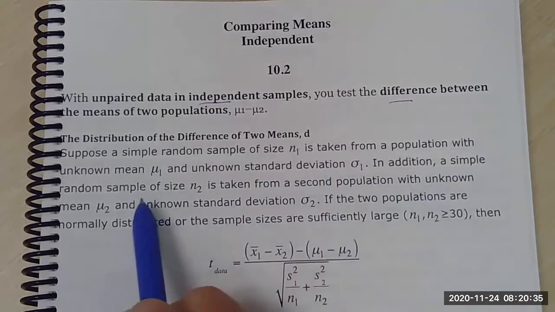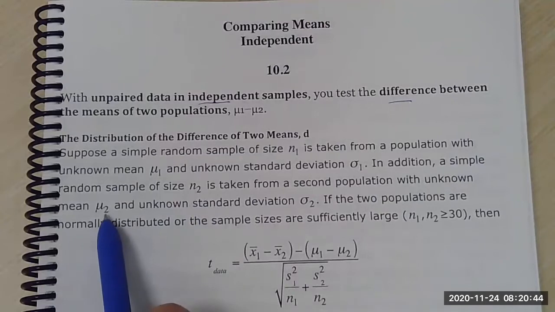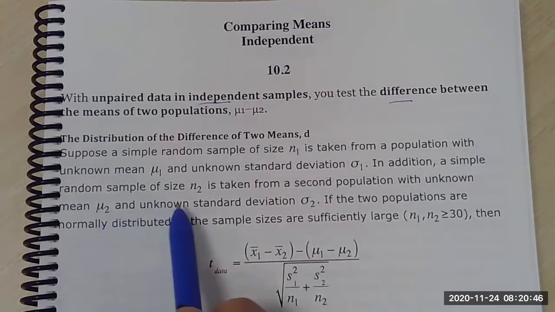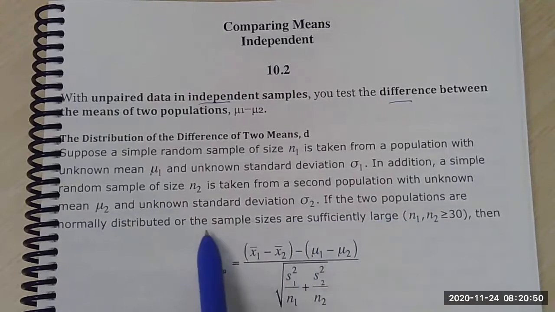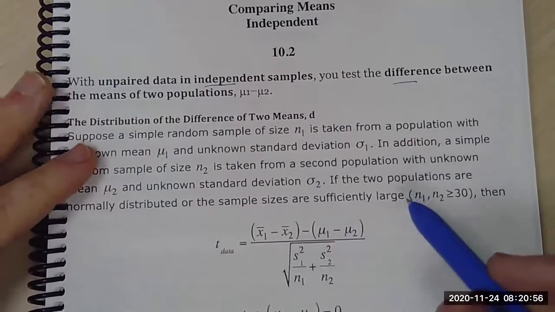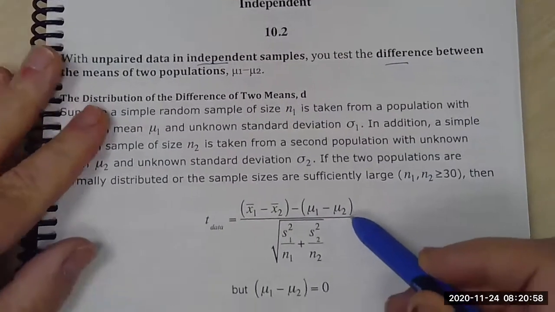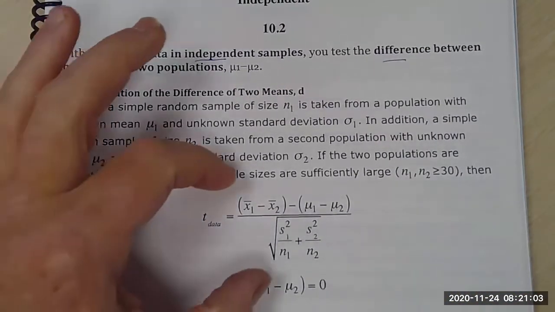In addition, a simple sample, again, will be taken from another group. And same thing, you don't know what the true population average of that group is, nor the standard deviation. So if the populations are normally distributed or approximately normal, then you've got this data value, which somehow we'll find with the calculator.